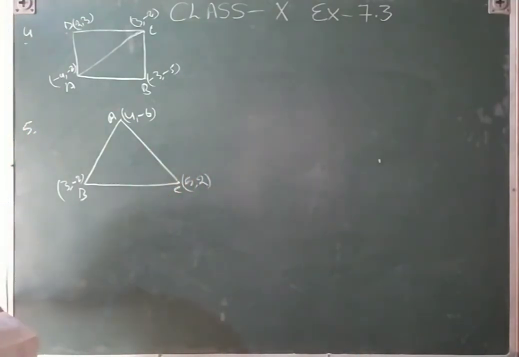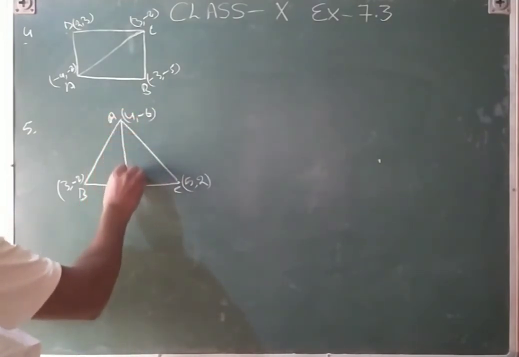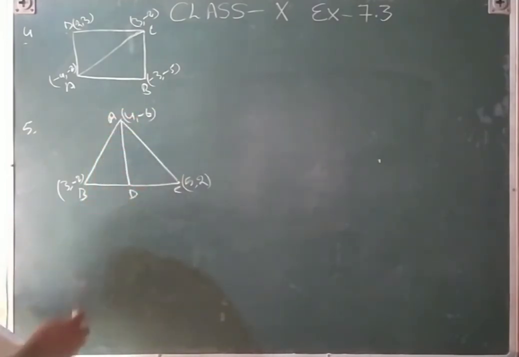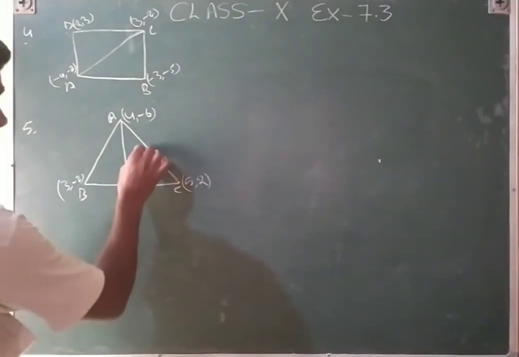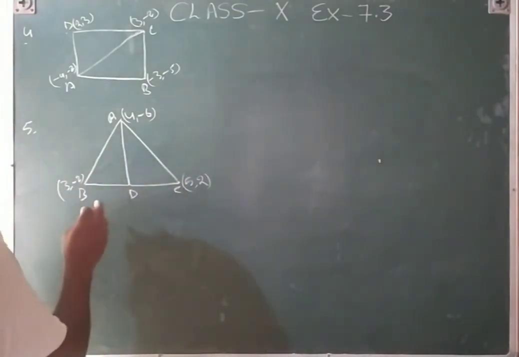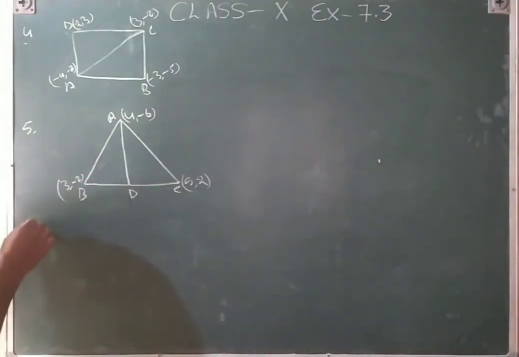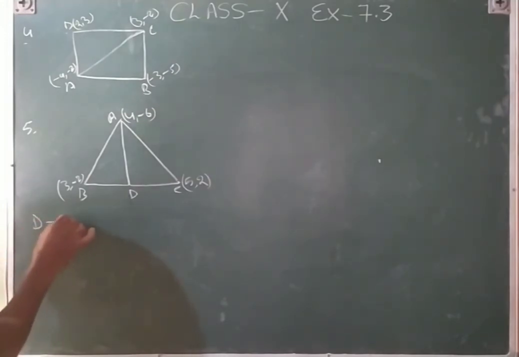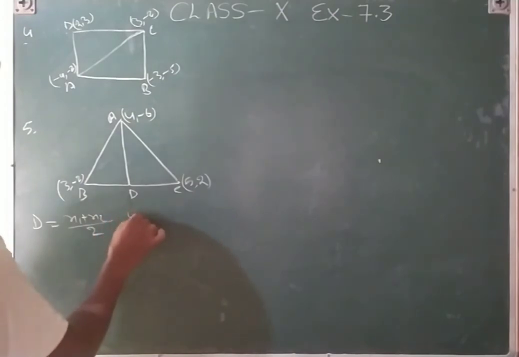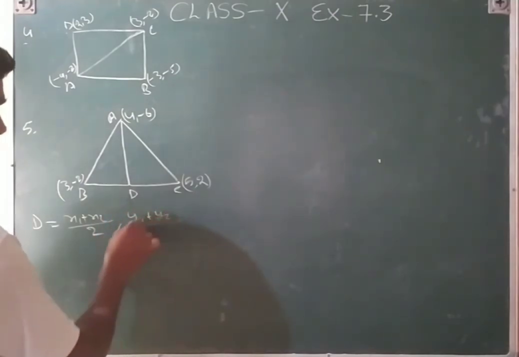These are the vertices. So median means, you know, median means a line that divides in two equal parts. So what we will find here is that this area is equal to this area. First of all we will find D. It means D is equal to x1 plus x2 upon 2, y1 plus y2 upon 2.